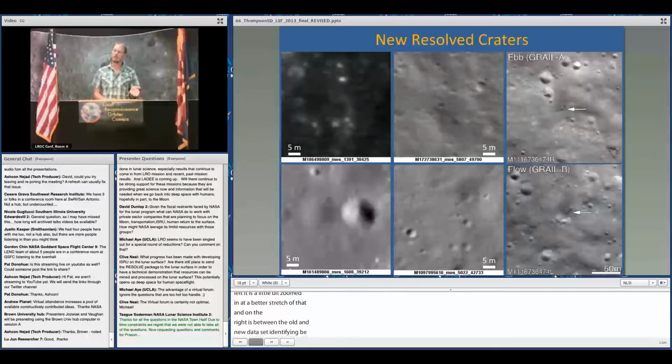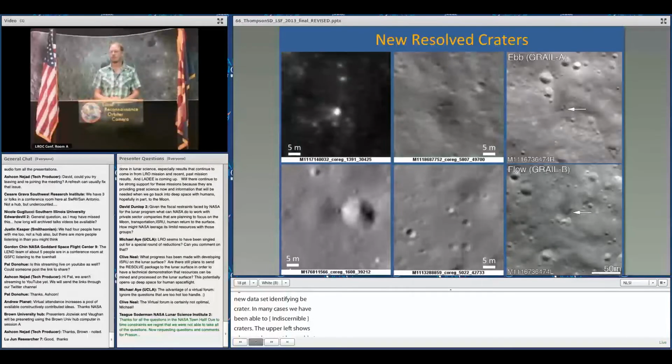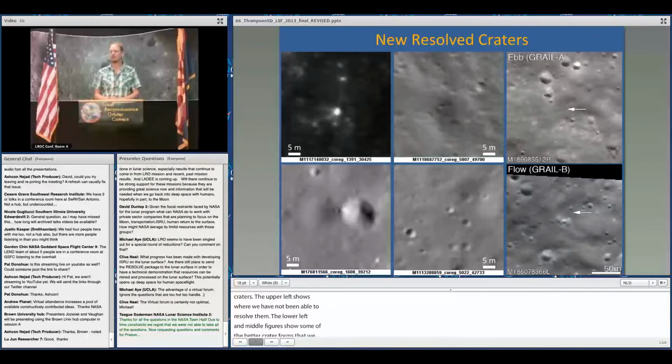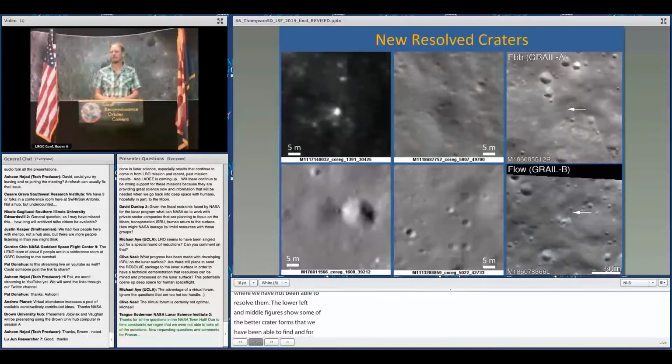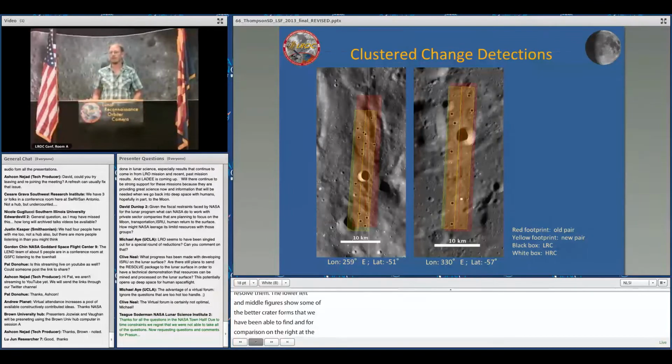The upper left figure shows where we have not been able to resolve them, which is the case for most of the identified features. The lower left and the 2 middle figures show some of the better crater forms that we've been able to find. And for comparison, on the right are the 2 GRAIL impact sites, just for context of what those impacts look like versus what these natural ones are looking like.